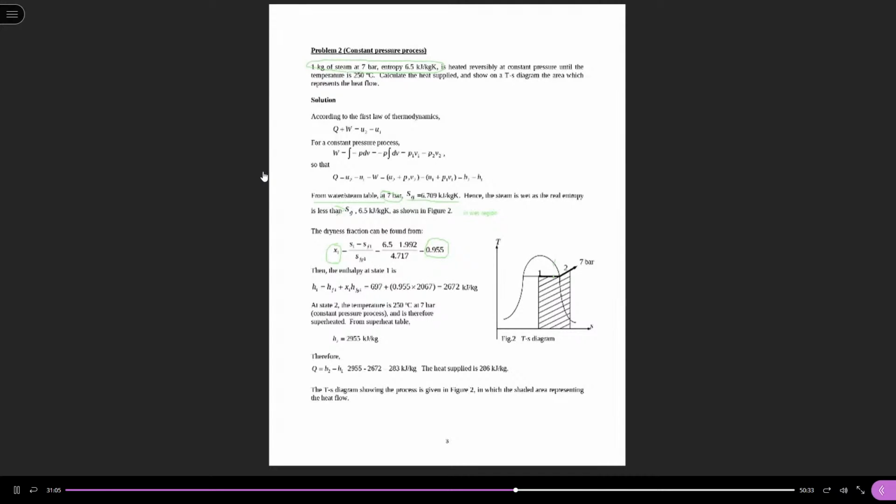So we also check from the steam table: for 7 bar, what is the saturation temperature?